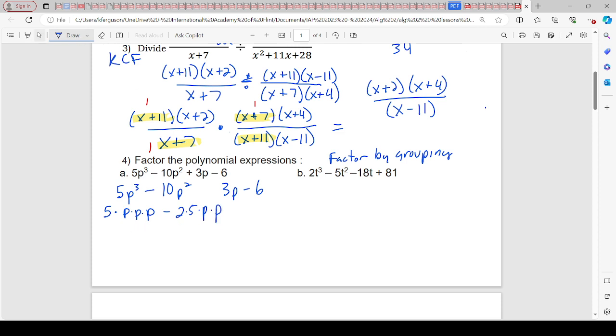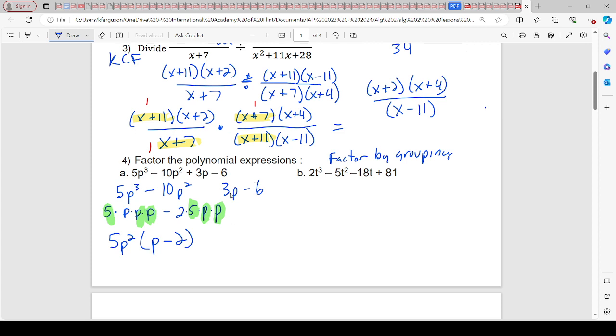And then I look for what they have in common. They got the 5, they got 2 p's. So I'm going to pull out a 5p squared and then see what's left. Well, the first term just has a p left. The second term has a minus 2 left.